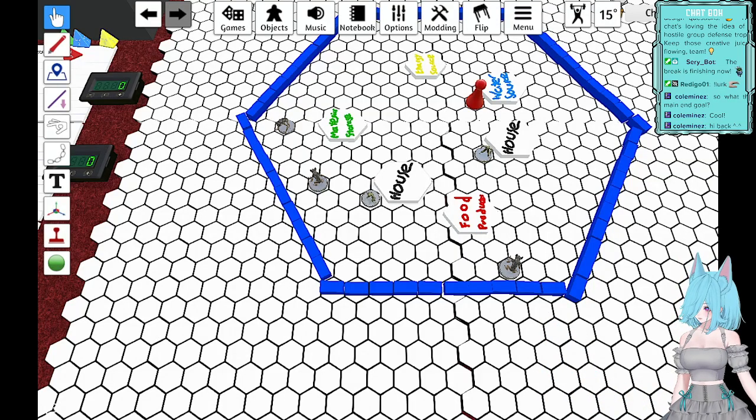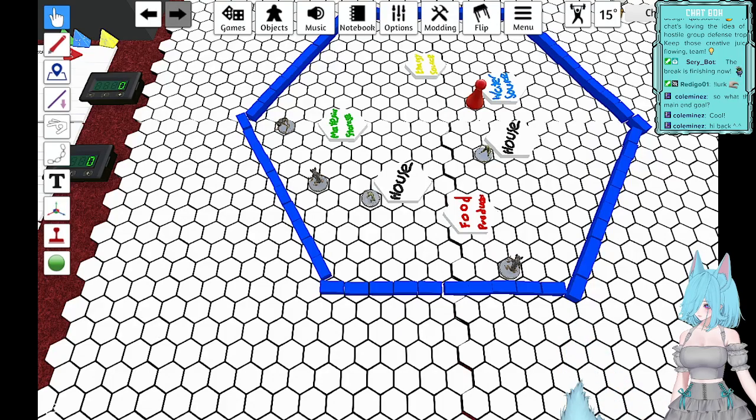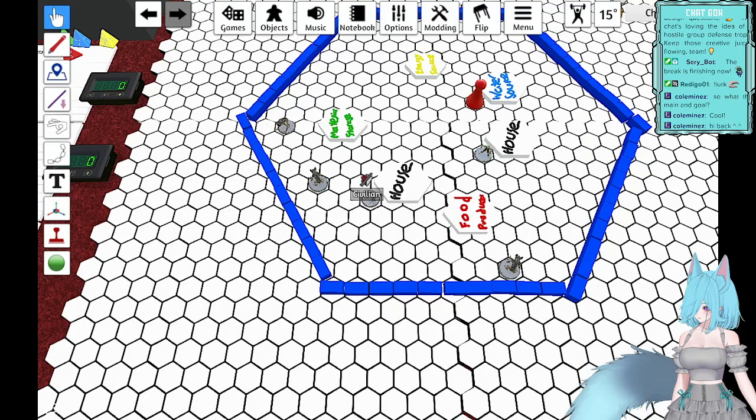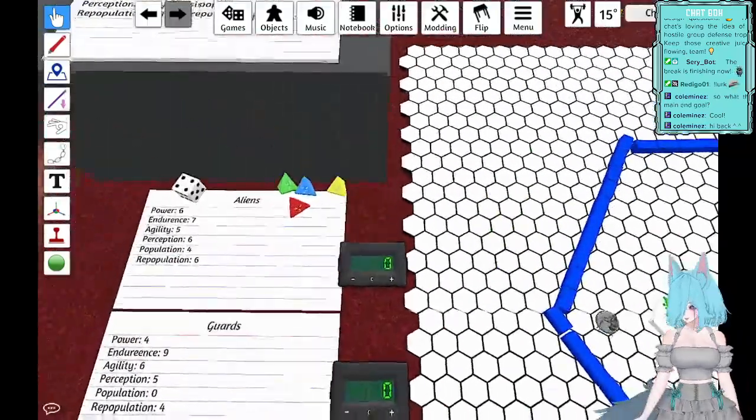Or where he saw the alien, so... I guess he's gonna walk over here, and scream for guards! Guards! But there are no guards.